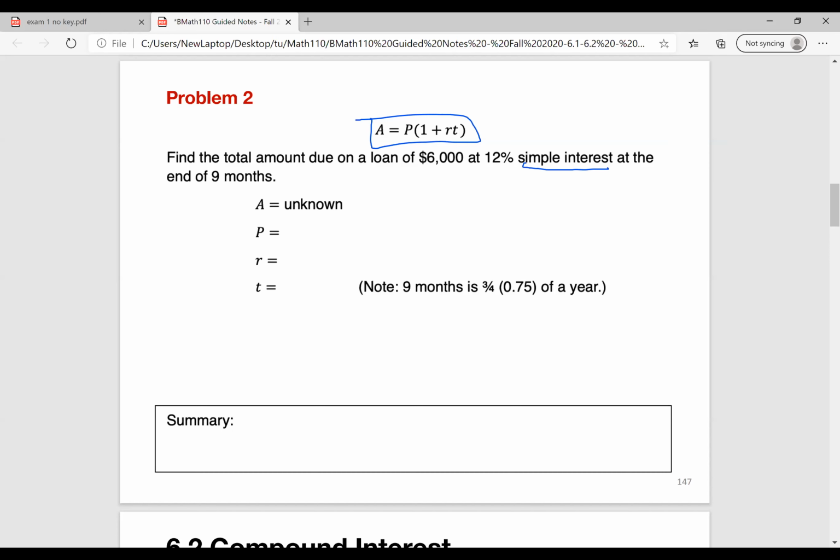We know the initial amount due on the loan is 6,000, so P is $6,000.